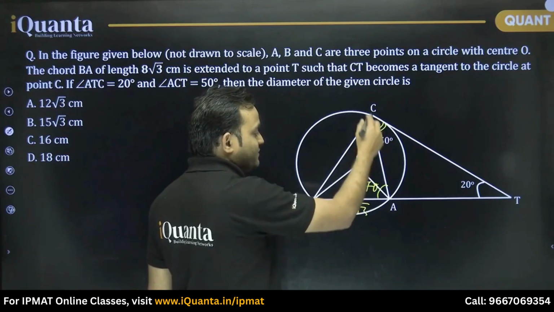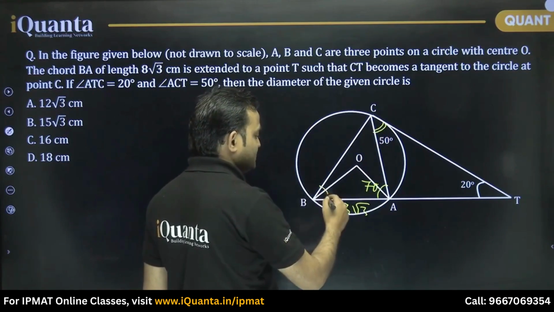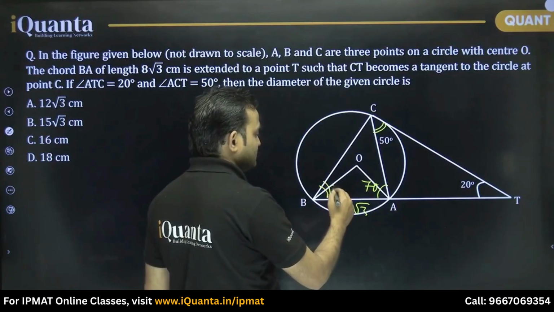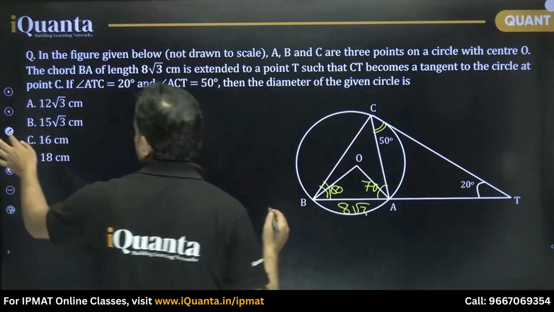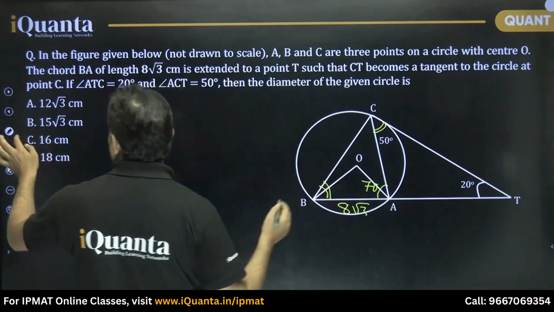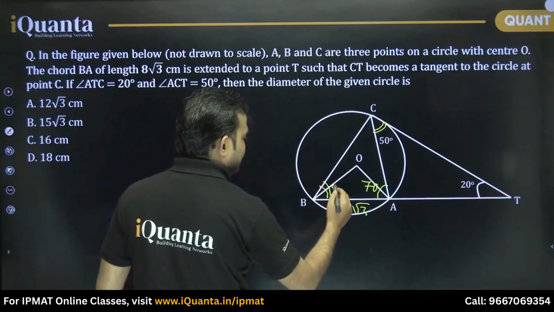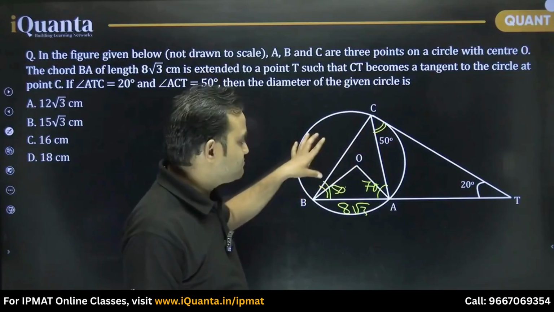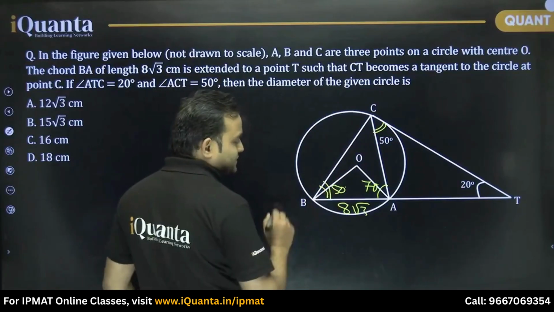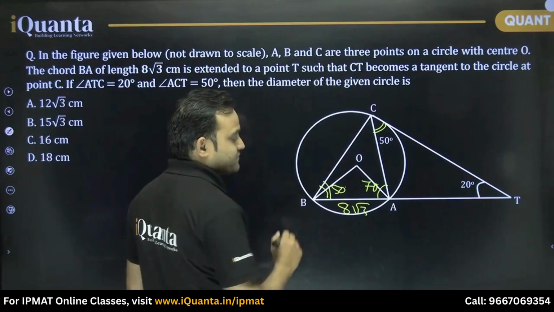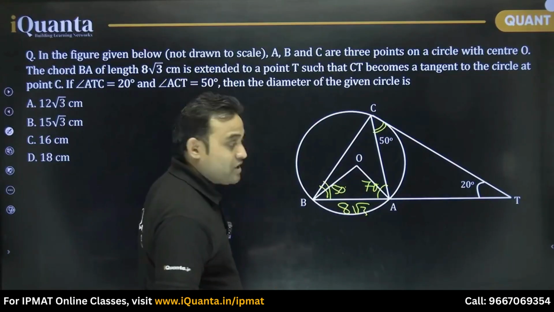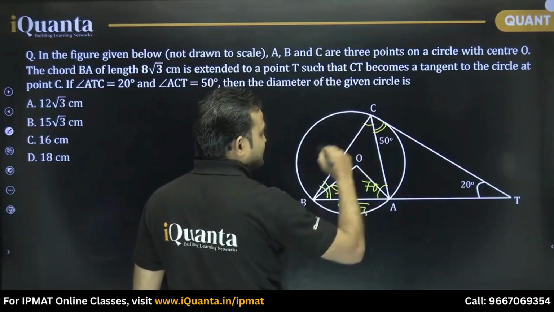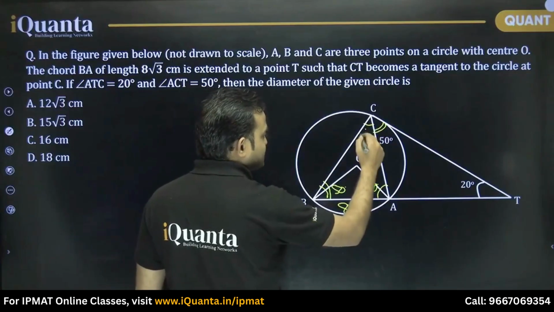Can we say angle made by this chord here will also be 50 degree? Angle made by a chord with the tangent is same as angle made by the chord on major arc. So if this is 50 degree, can we say 70 plus 50 is nothing but 120 degree. So remaining angle, this angle BCA will be 60 degree.